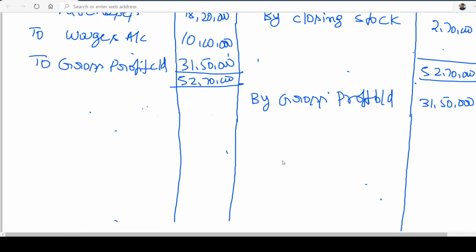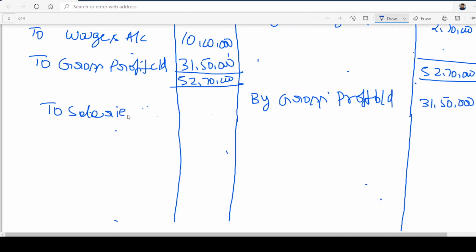Now let us look at the problem. We are having salaries. Salaries will be taken to where? P&L account, debit side. To salaries account is coming to 10 lakhs.